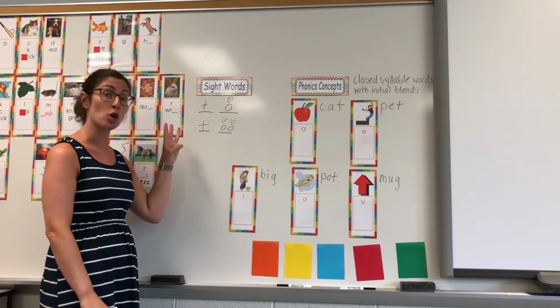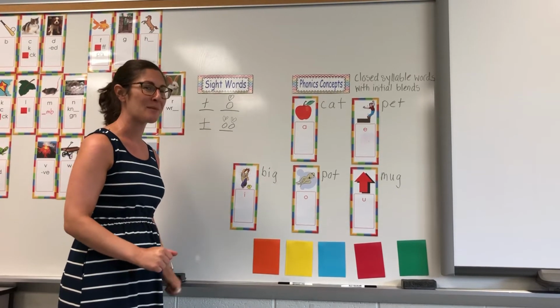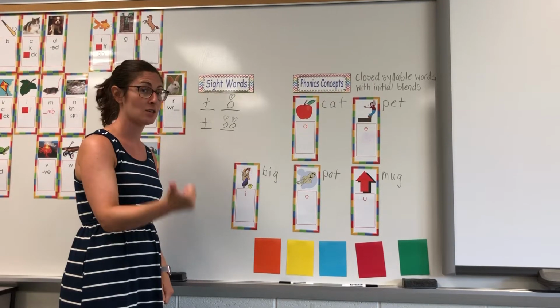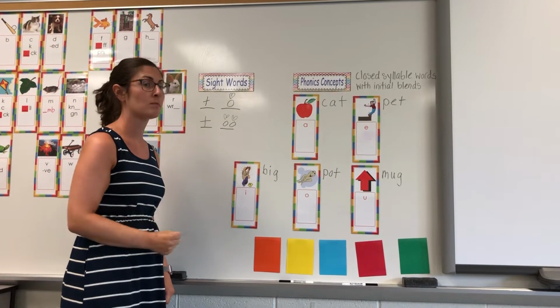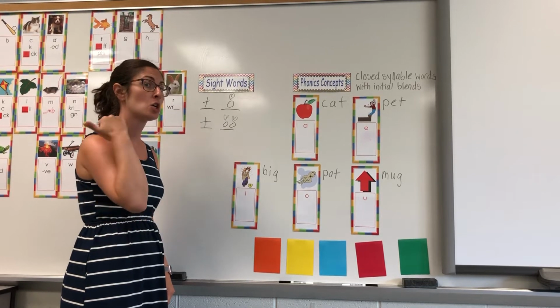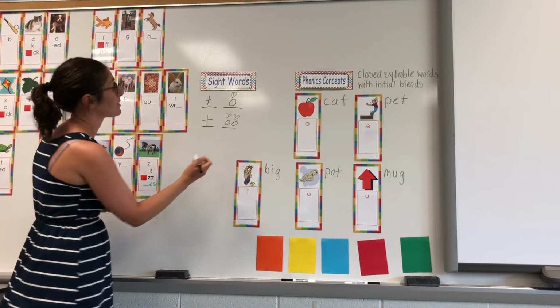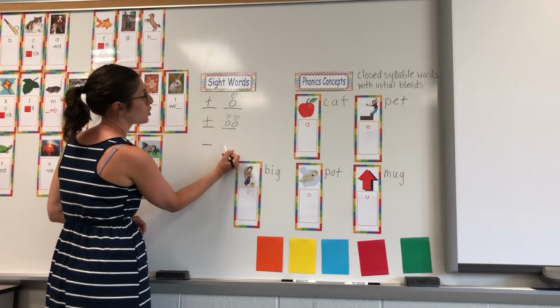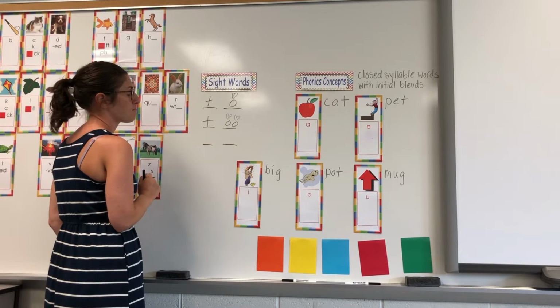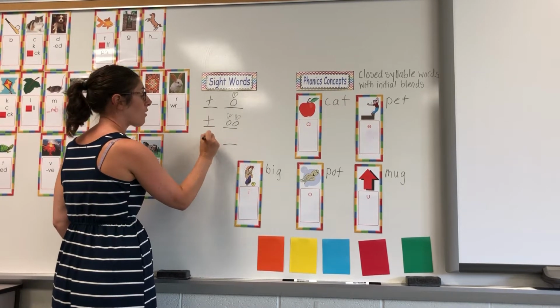Our third word today is to. I'm going to break it up into sounds. T, oo. I'm going to break it up into sounds one more time. T, oo. And now I'm going to draw my lines. I know that I'm going to spell that t sound with a T by itself.